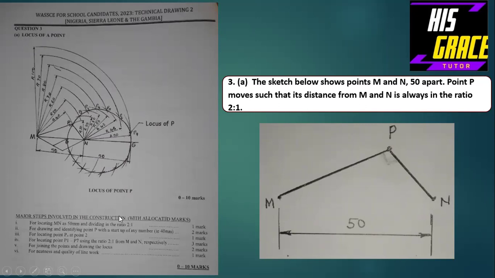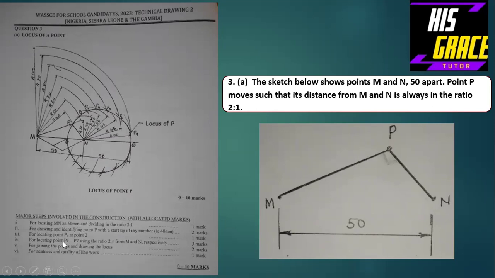Then let's move on to drawing and identifying point P with a start-up of any number, that is 40 millimeters. 2 marks are awarded to that. Then for locating P0 at point 2, they awarded 1 mark to that.